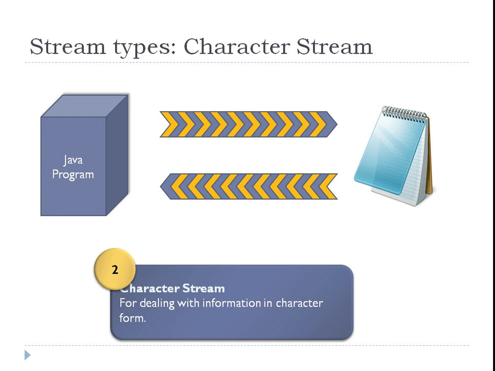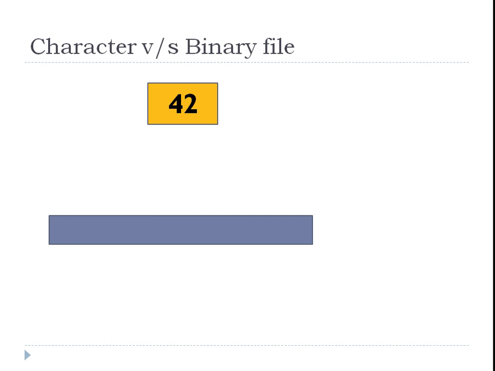A character-based file example is a .txt file. These are the best example of character files. And for binary files, we can say .dat, mp3 or video files, everything is stored in the form of binary. Now I will show you the difference between a character and a binary file.